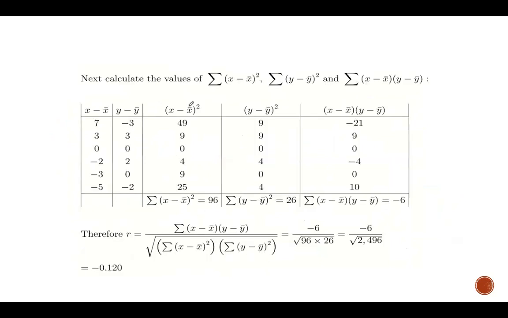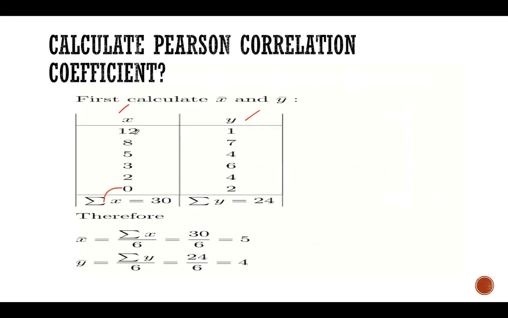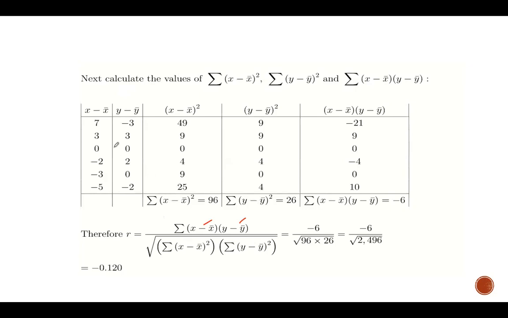The next step is definitely what we need in this formula: x minus x bar, and the multiplication of x minus x bar and y minus y bar. We have calculated x minus x bar, right? How will we calculate it? This is the x value, 12 minus x bar, 12 minus 5, 7. So we have kept it here. Likewise, we'll calculate all the values where our x bar value is 5, right? We will subtract x bar from all x values, and similarly for y.